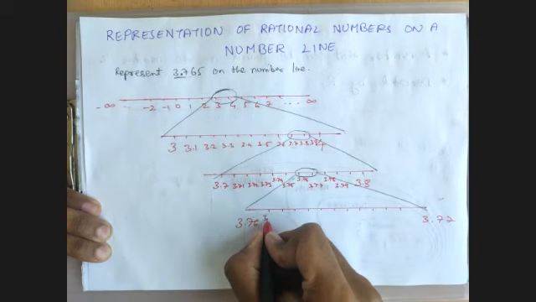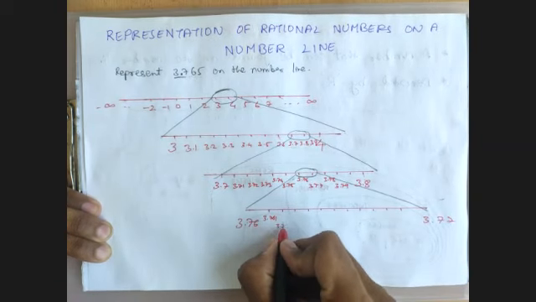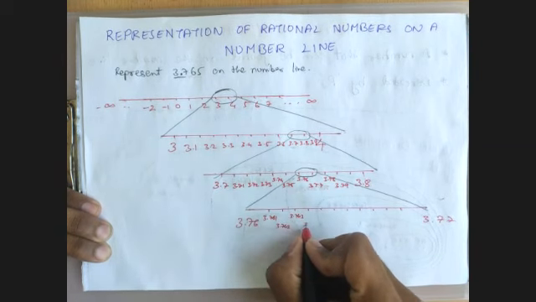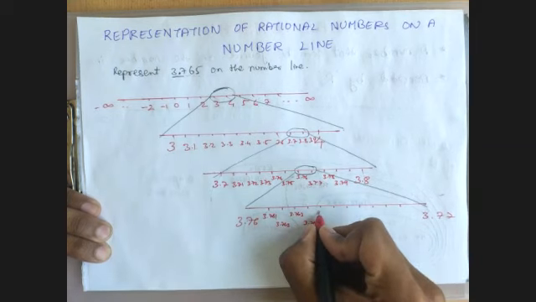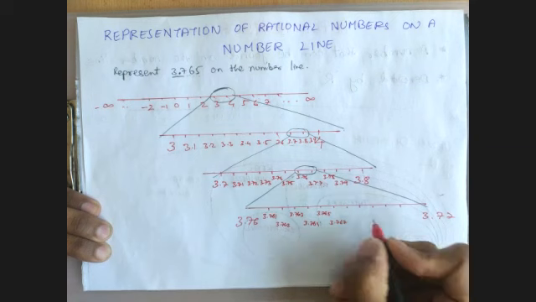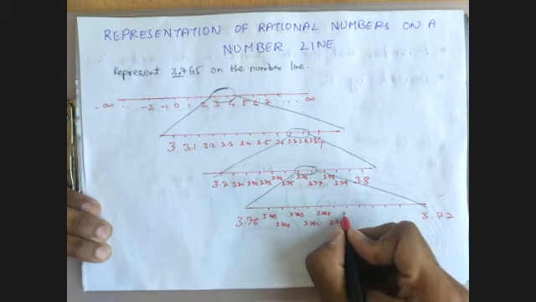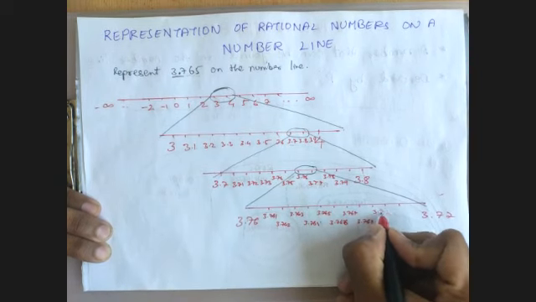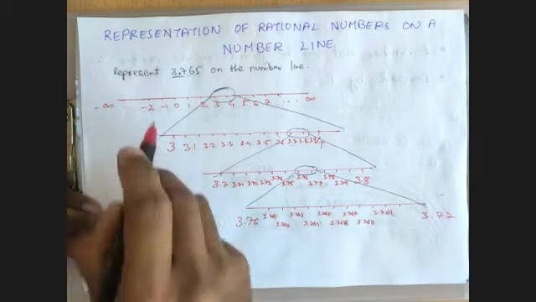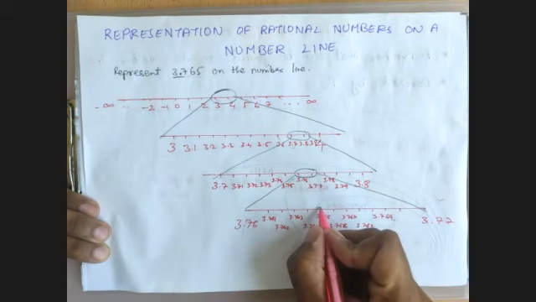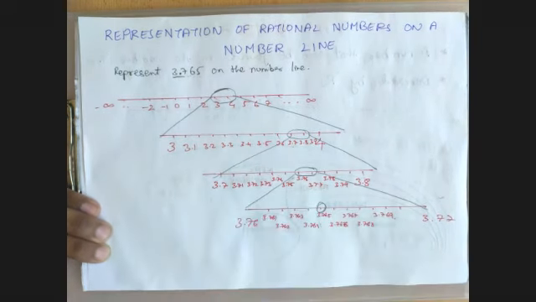So this will be 3.761, 3.762, 3.763, 3.764, 3.765, 3.766, 3.767, 3.768, 3.769. So I want 3.765. Where is 3.765? 3.765 is here. So this is the point I wanted.